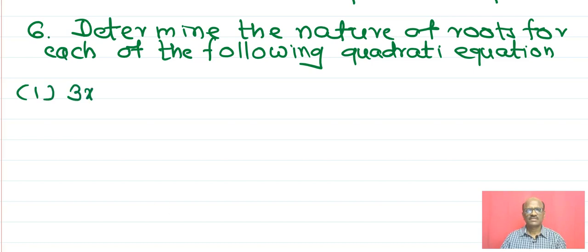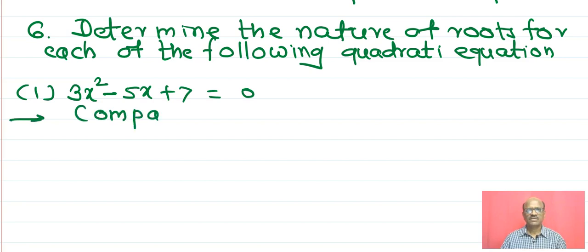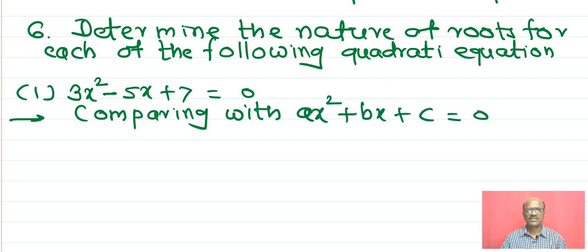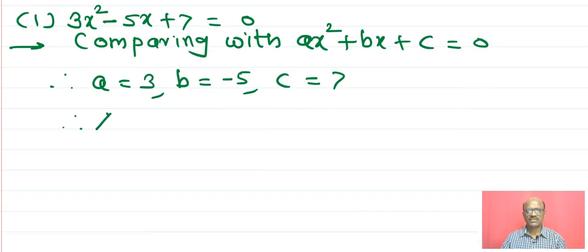First is 3x square minus 5x plus 7 equals to 0. Comparing with ax square plus bx plus c equals to 0. A is equals to 3, b is equals to minus 5, c is equals to 7.